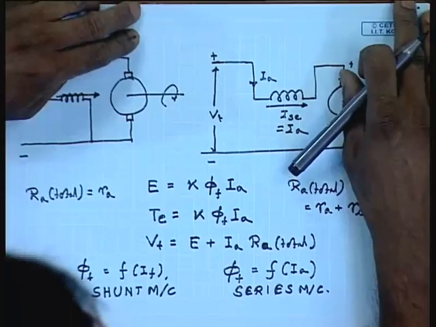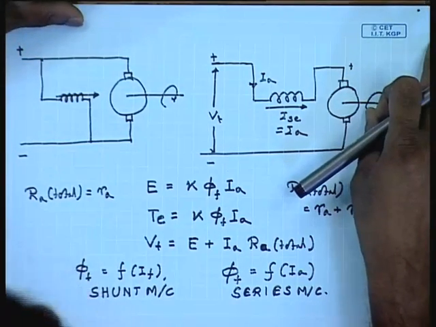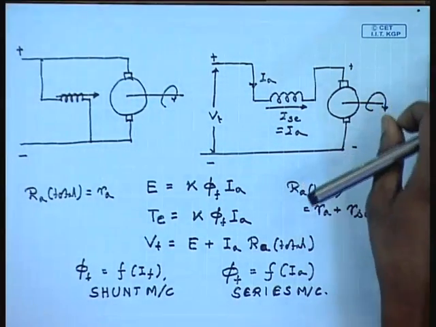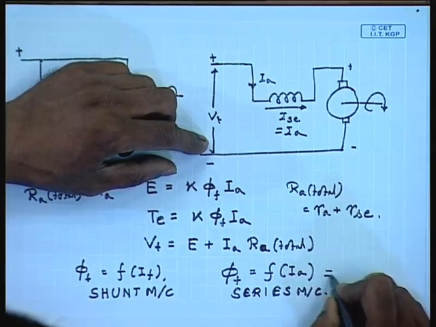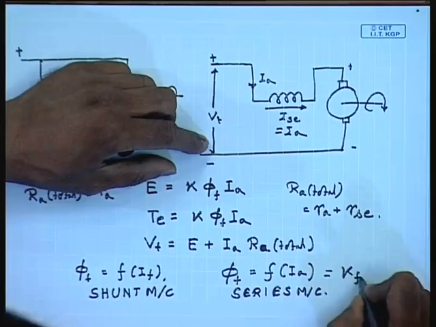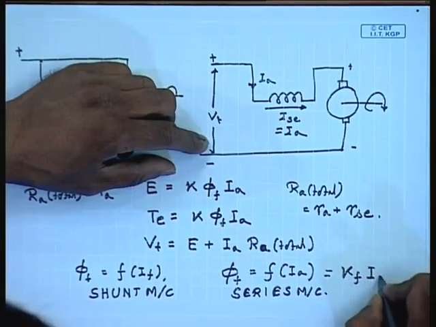Initially, we will assume that the magnetic circuit of the machine is linear, that is, phi f is a linear function and can be given by some flux constant k_f into I_A.